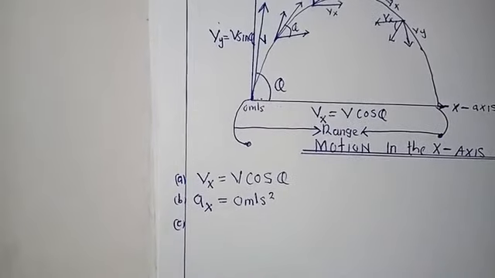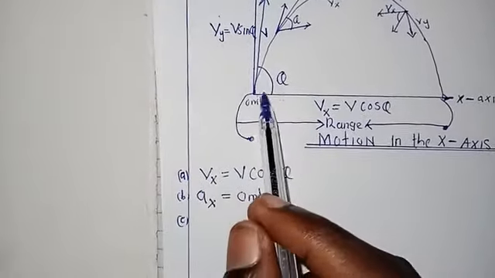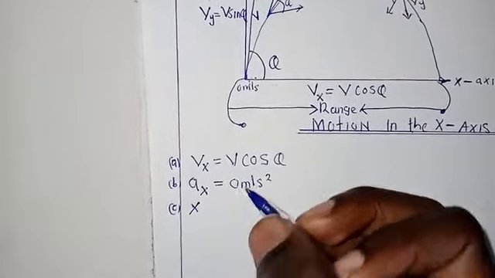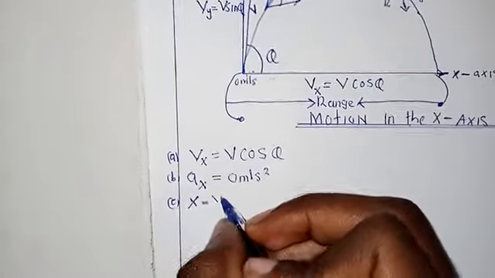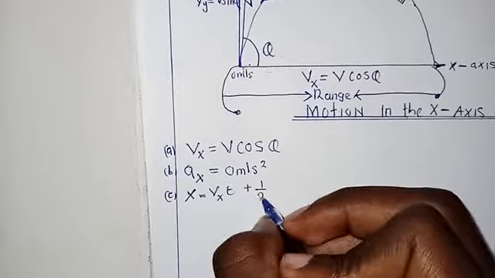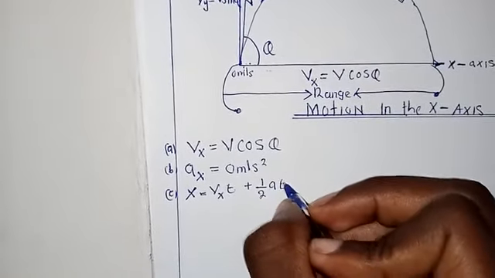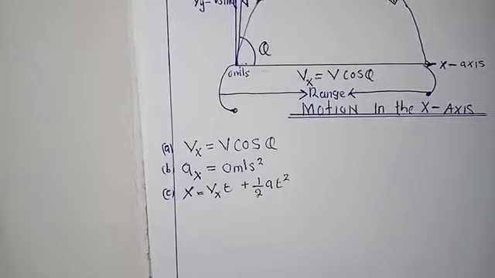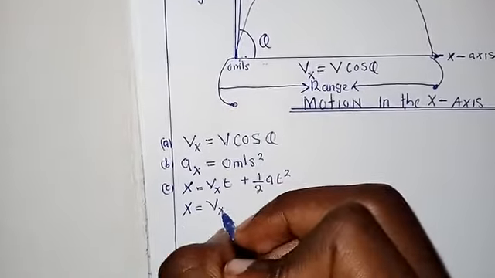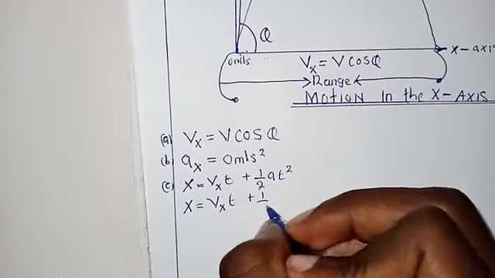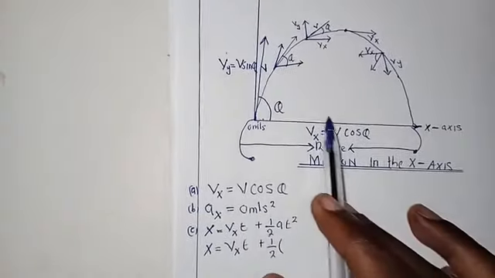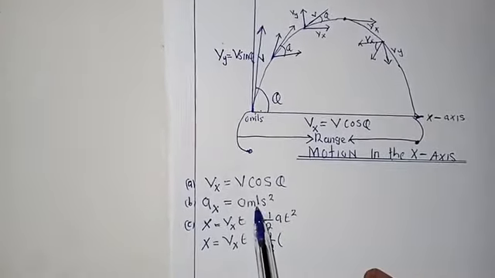Now, how do you calculate the distance covered from here up to here? We know that x is equal to Vxt plus 1 over 2 at squared. Now we say that in the x, the acceleration is simply 0.